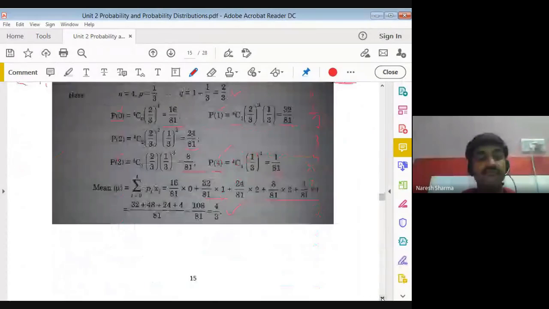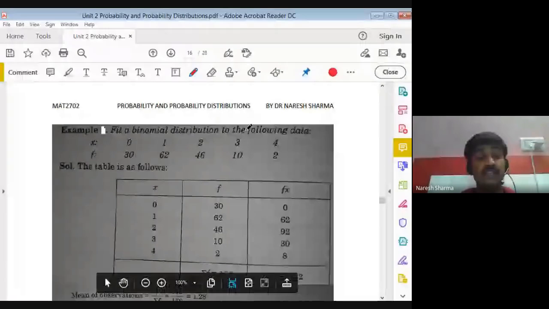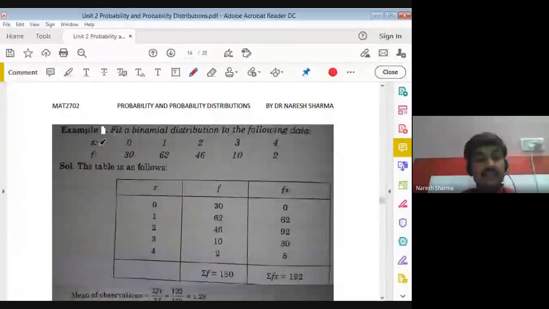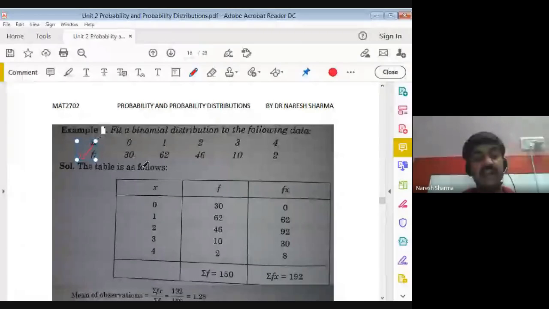Fit a binomial distribution to the following data. X is given as 0, 1, 2, 3, 4, and here frequency is given, not probability. Frequency is given, but in a distribution we must have probability. We need to convert this frequency into probability.